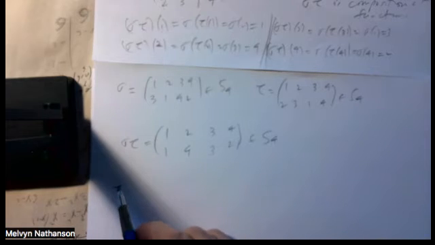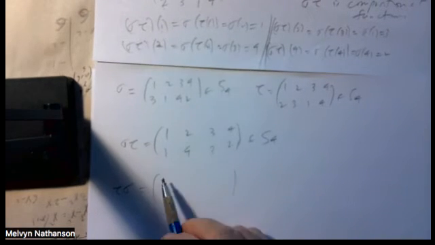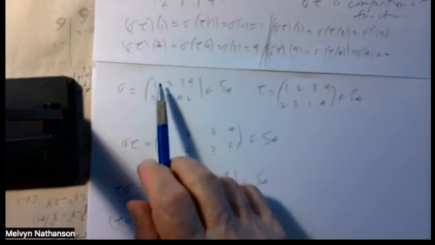Suppose I multiply in the opposite order. What is tau sigma going to be? Let me calculate. Tau sigma of 1 is tau of sigma of 1. Sigma of 1 is 3. That's tau of 3. Tau of 3 is 1. So tau sigma of 1 is 1.